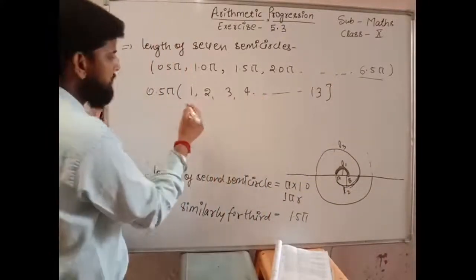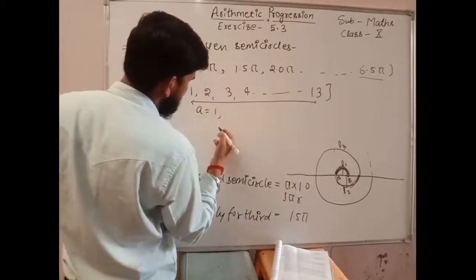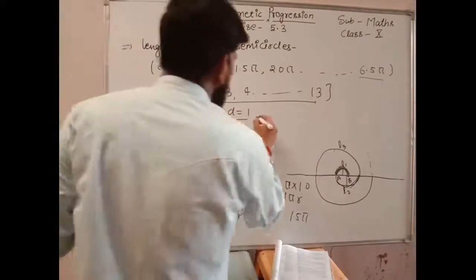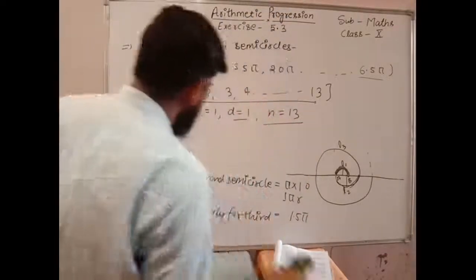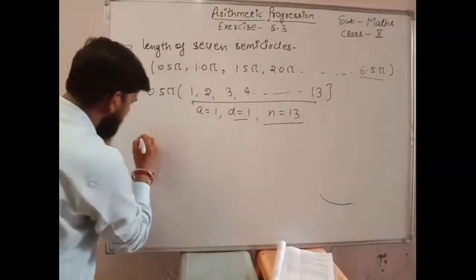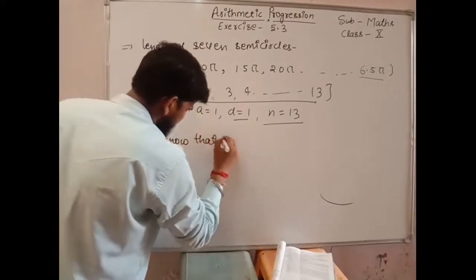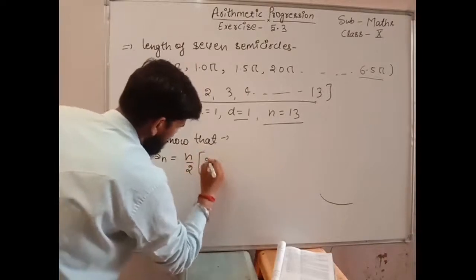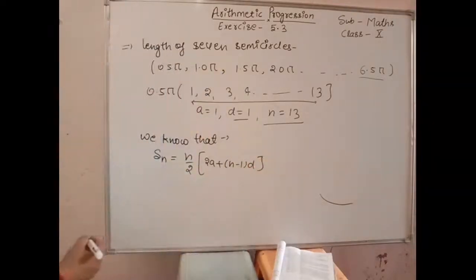So here this is an AP where a is equal to 1 and d is also 1, 2 minus 1, that is 1, and n is equal to 13, as they are 13 semicircles in the spiral. So we know that S n is equal to n upon 2 times (2a plus (n minus 1) multiplied by d).